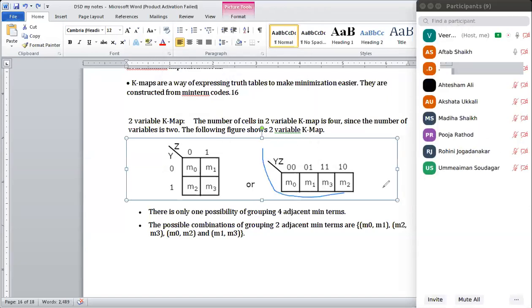Either I can go row wise, column wise, or square wise, depending upon the number of variables that I have. So here, one important factor is I have to go for adjacent minterms.